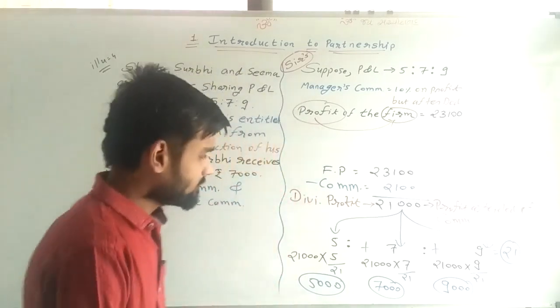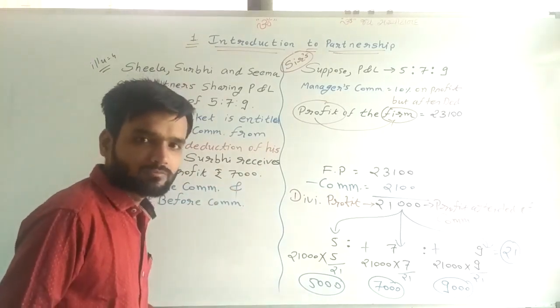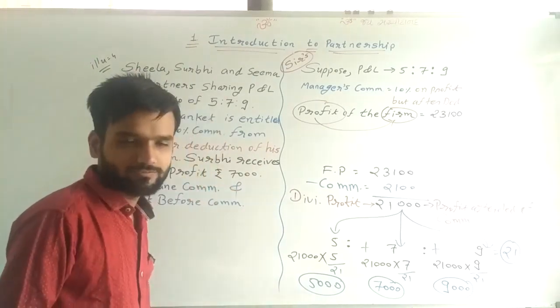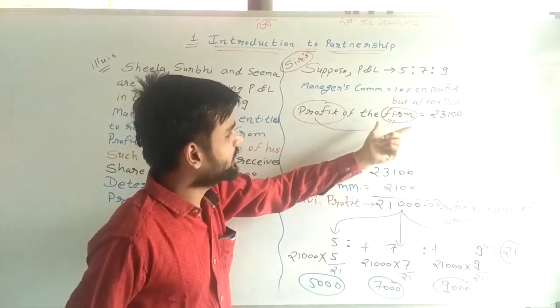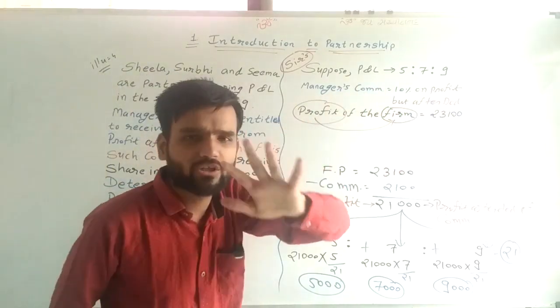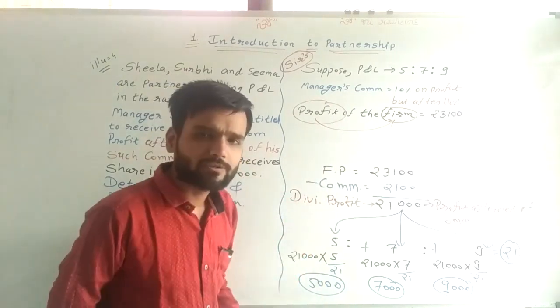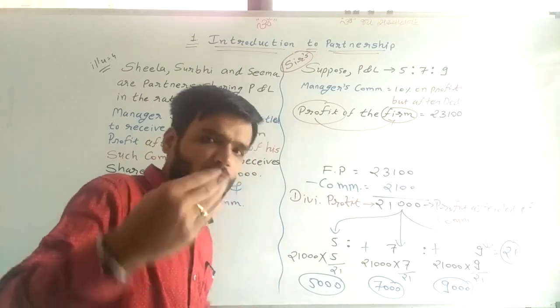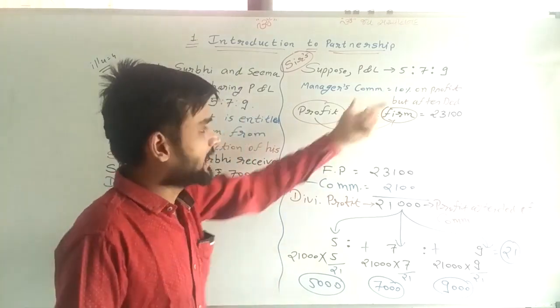But what I need to explain to you. Suppose this firm profit is not given to you. You are given divisible profit. Then on the basis of divisible profit, you can directly find the commission, 10% commission.